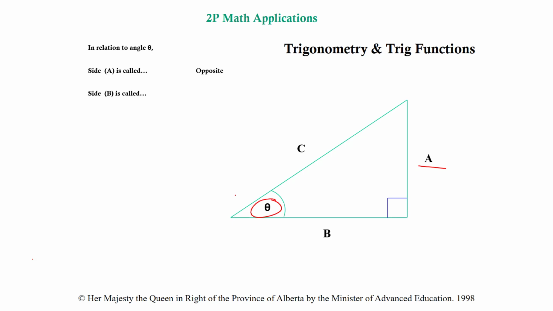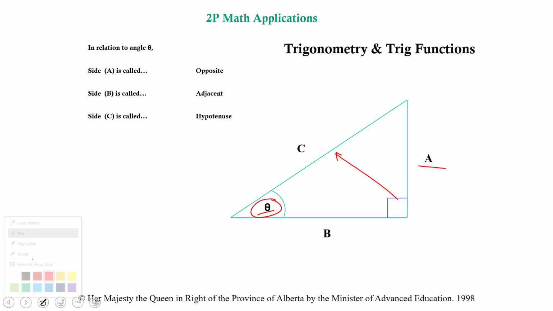Side B in relationship to theta is called the side adjacent. It's adjacent to the angle. And side C, which is always the longest side, or the side opposite the 90 degree, is always the hypotenuse.